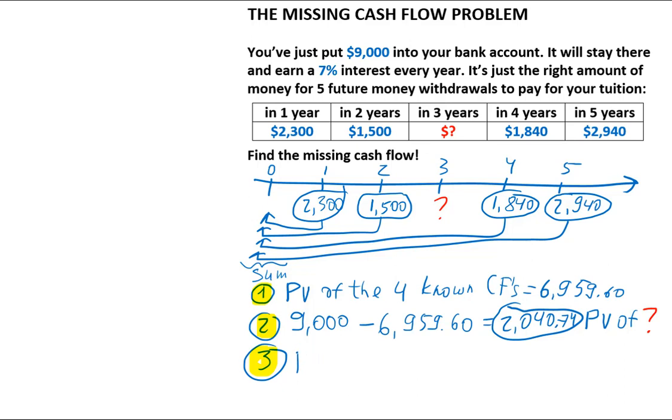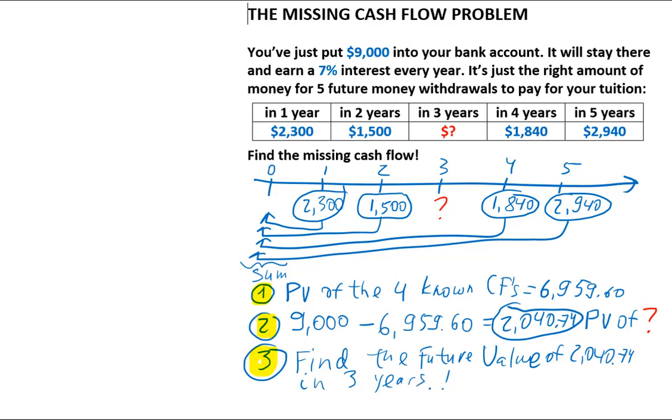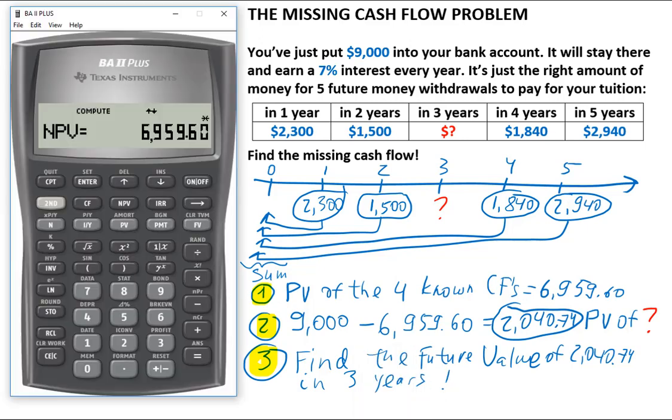What do we do? We find the future value of $2,040.74 in 3 years, and that will be the answer. Let's again bring up the financial calculator. Let us clear everything by pressing second, reset, the plus minus key, enter. $2,040.74.